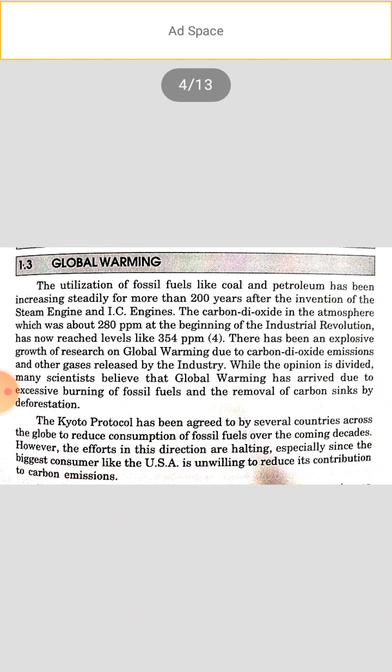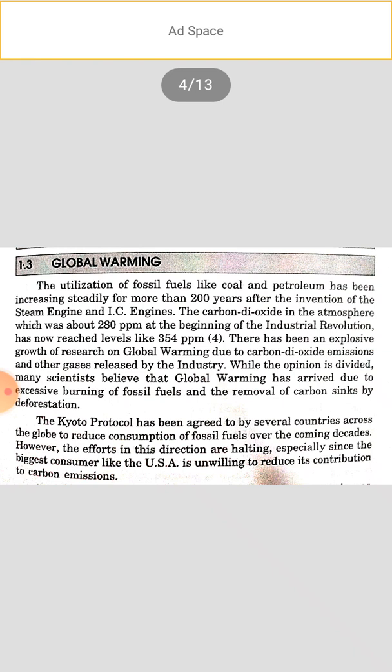One is excessive burning of fossil fuels, and the second is deforestation, because there is no possibility of removal of carbon dioxide emission by the trees if there is deforestation. So excessive burning of fossil fuels and deforestation lead to global warming.